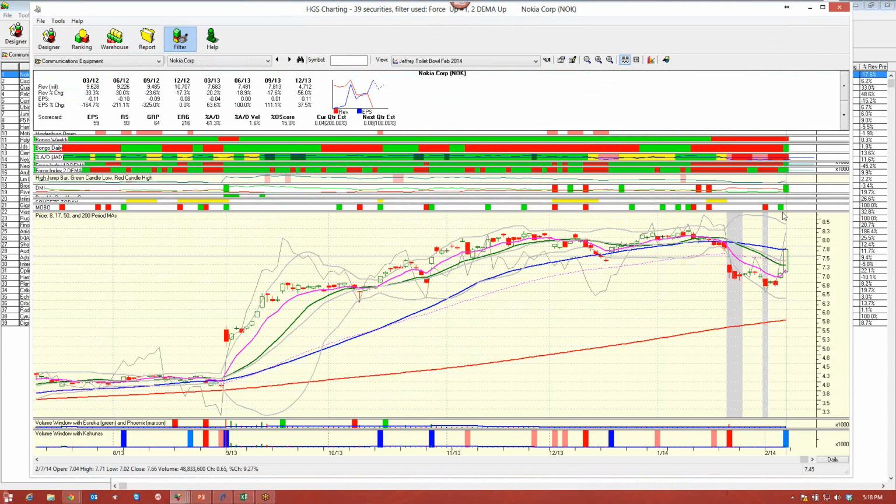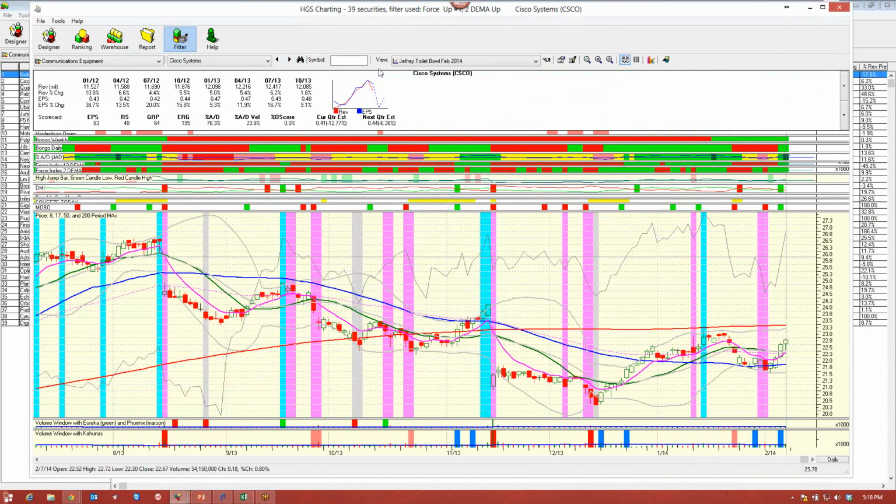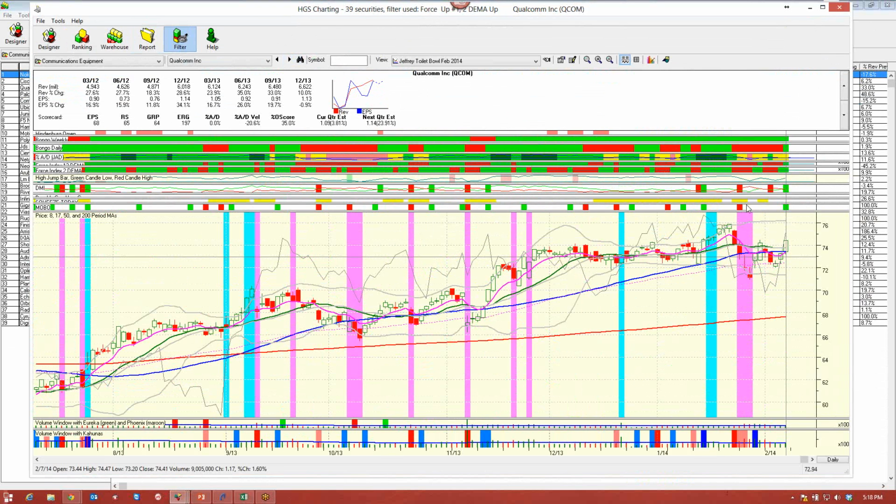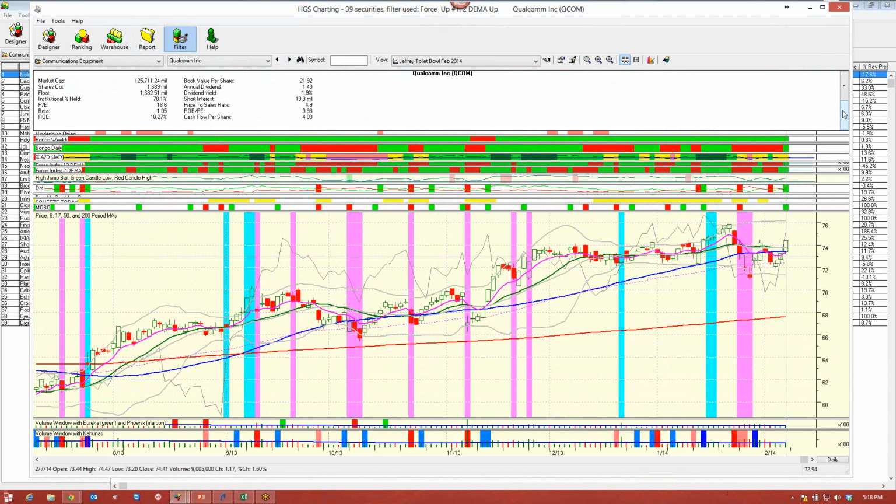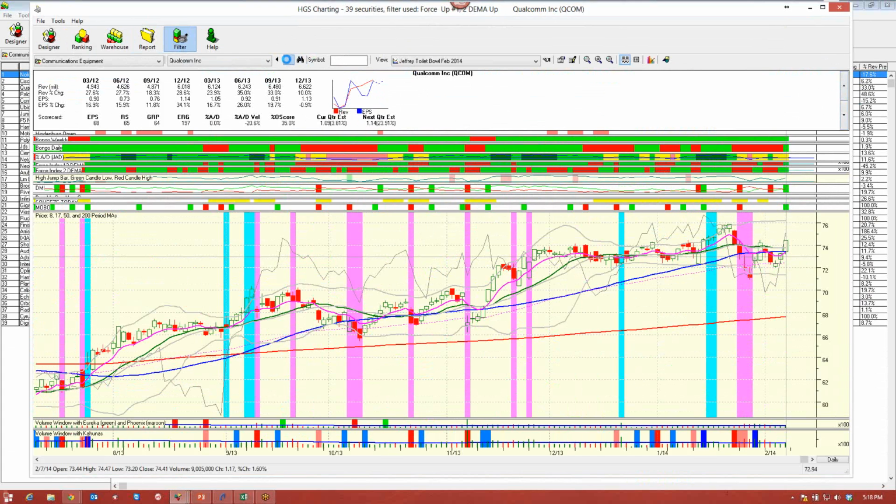It had a mobile breakout without a squeeze on Thursday, starting to show some green on momentum indicators. Here's Cisco below the 200. I skipped right through that one. Qualcomm going sideways, a lot of green momentum indicators. It makes money, the old name, 2% dividend. I don't get that excited about these old codgers.